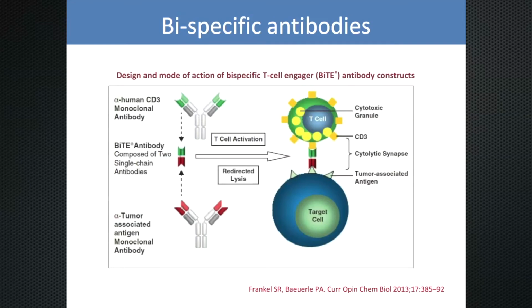Again, they have proven to be very active in the treatment of some subtypes of acute lymphoblastic leukemia. They are active also in some subsets, mainly of lymphoblastic lymphoma or other subsets of lymphomas, but for the time being they are a bit too toxic, so that they have not found an important application in the field of malignant lymphoma.